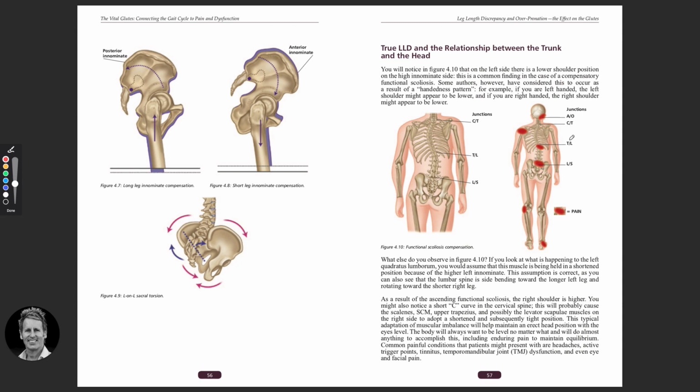The thoracolumbar junction point here is involved. Okay, the AO, well I call it the OA joint, the occipital atlanto or the atlanto-occipital, doesn't matter. The CT, cervical thoracic or cervical dorsal junction. So it all compensates up. So even though the problem, say, could be the femur here, which is a little shorter, look at all the compensations in the red. It just goes on.